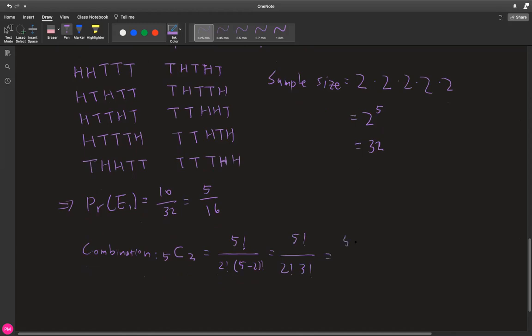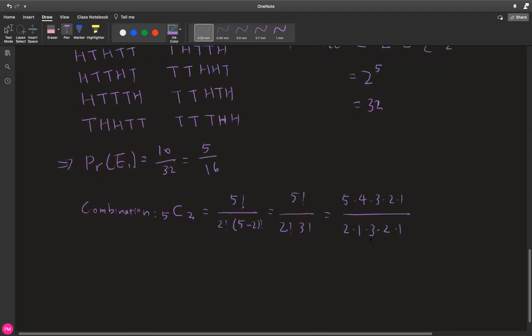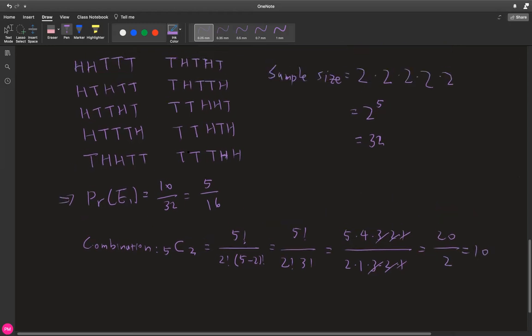And that is 5, 4, 3, 2, 1 divided by 2, 1, 3, 2, 1. And obviously you can cancel these out. So it's going to be 20 over 2. So that's 10. So without having to count each one of them like this, we actually concluded that there are 10 different possibilities where the heads comes up twice.